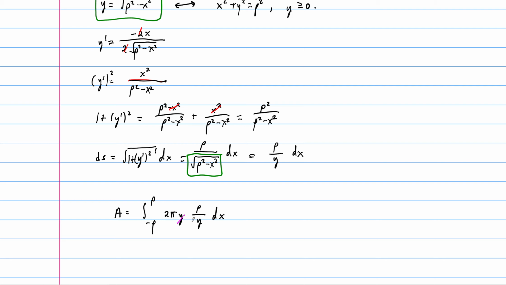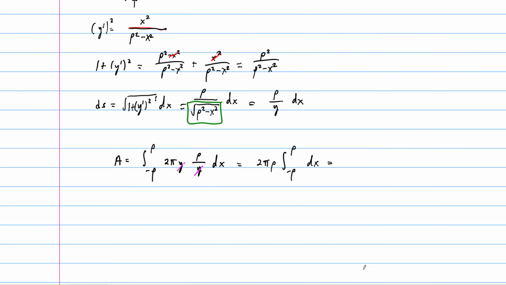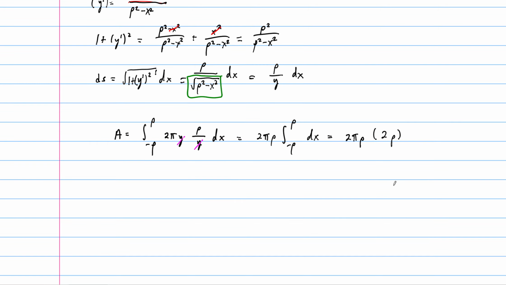All right, but look, in the integral, those y's cancel. And 2 pi and rho are constants. So this becomes 2 pi times rho, integral from minus rho to rho of dx. Well, what's that become? That becomes 2 pi times rho times, this is just going to be rho plus rho, so times 2 rho, all right?